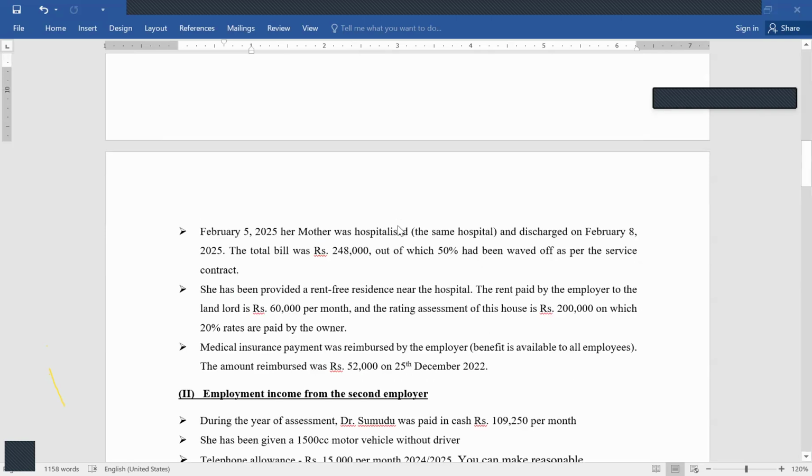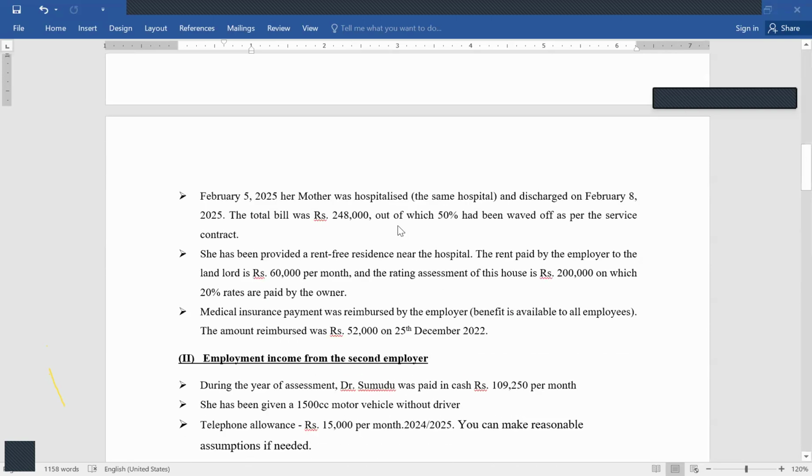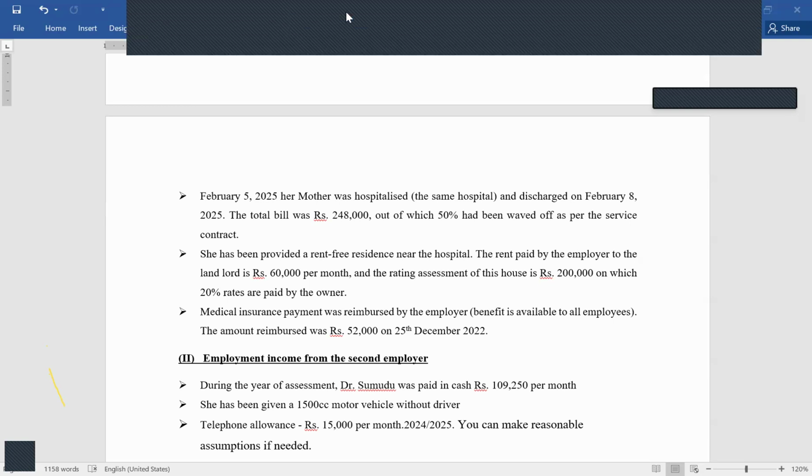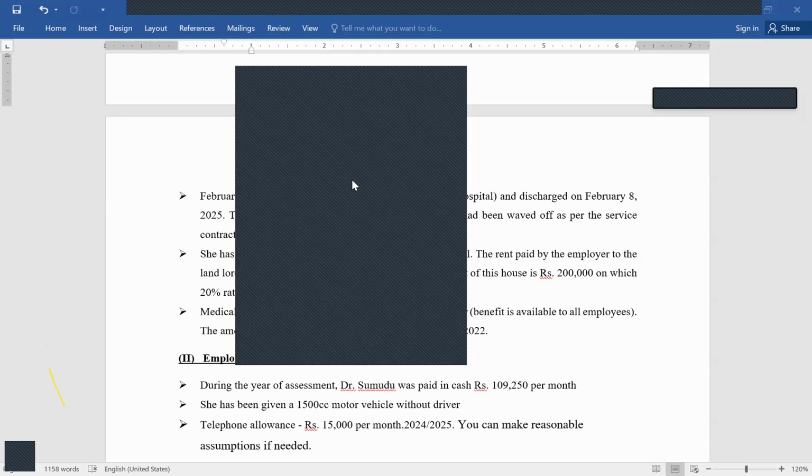Tell me whether this is liable income or not. If it is liable, what is the amount?